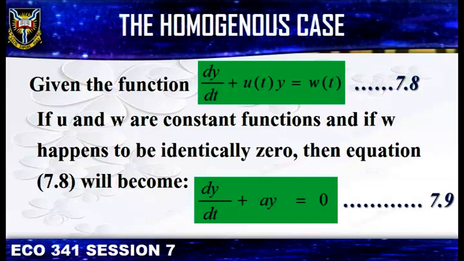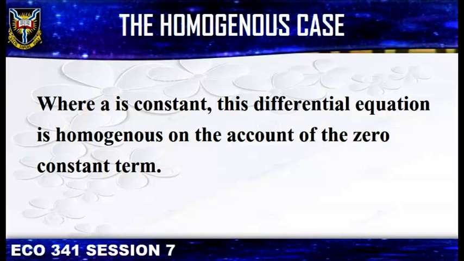All these illustrations above are what are known as the non-homogeneous case of differential equations. The homogeneous case: given the function dy/dt plus u(t)y is equal to w(t), equation 7.8. If u and w are constant functions and if w happens to be identically 0, then equation 7.8 will become dy/dt plus ay is equal to 0, equation 7.9, where a is constant.